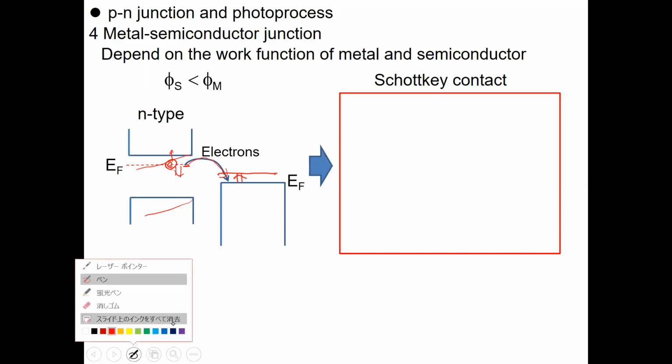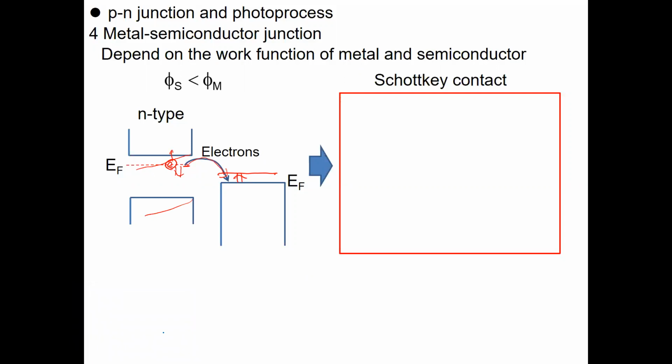So what happened here is you can see that in the Schottky contact, the metal side Fermi level becomes higher, and in the N-type semiconductor case, there's a band changing region, okay, and then away from here, the electron is somewhere around.